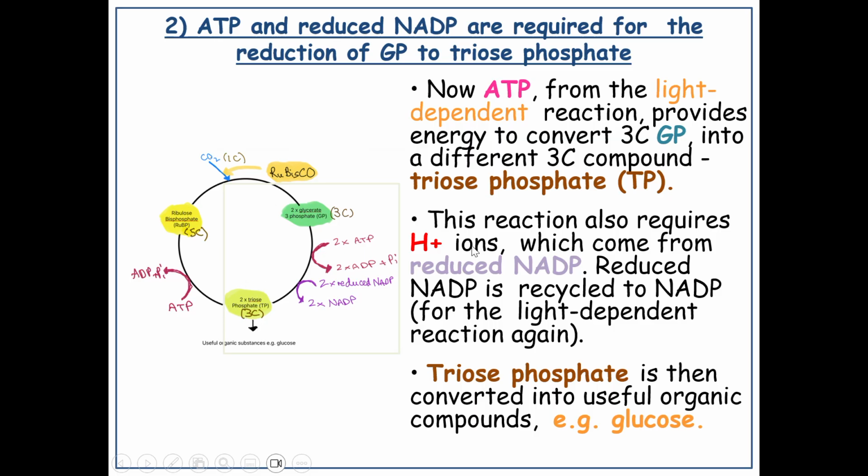This reaction also requires hydrogen ions, which come from reduced NADP, also known as NADPH. It gives off its H, and the NADP is recycled and can go back to the light-dependent reaction again. Then triose phosphate can be converted into useful organic compounds like glucose.